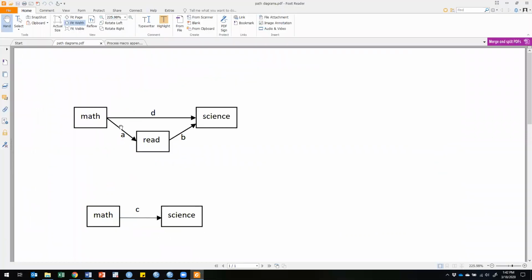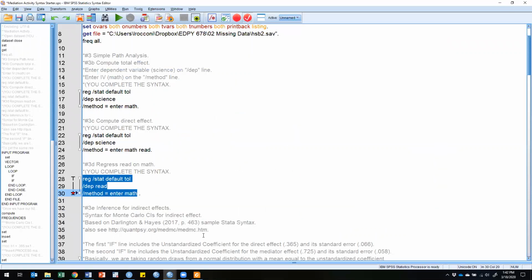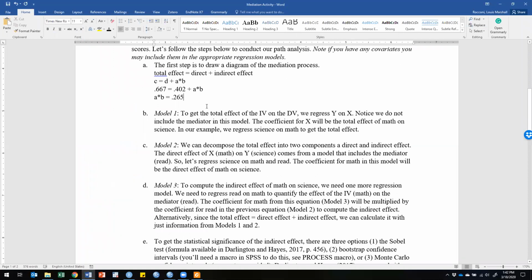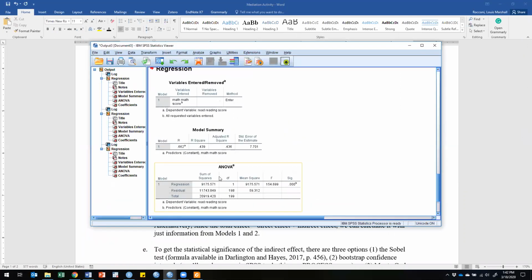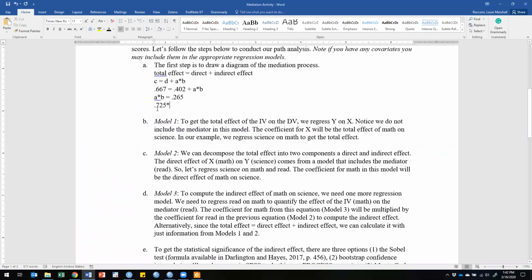Is right here, 0.725. So another way we can get our indirect effect is by multiplying this coefficient by this coefficient. A was 0.725 and B was 0.365.